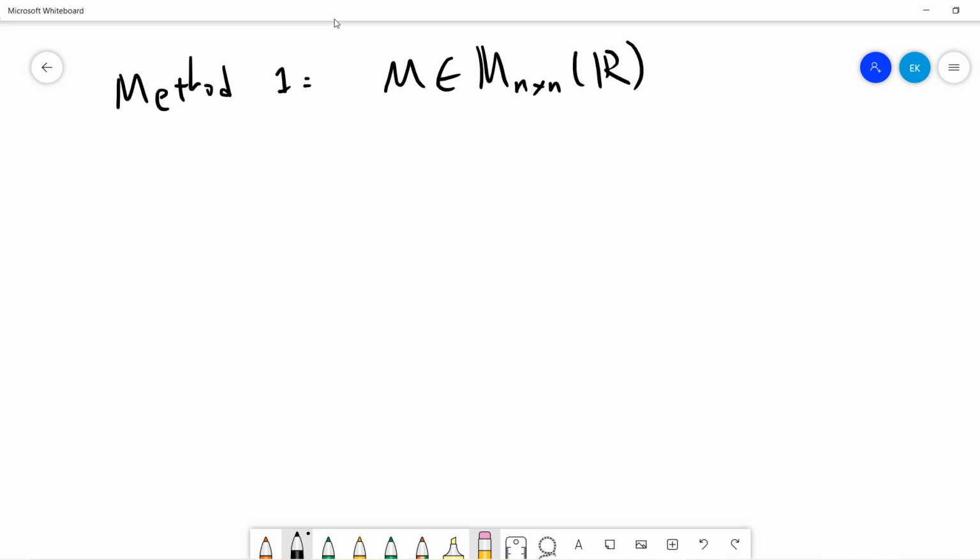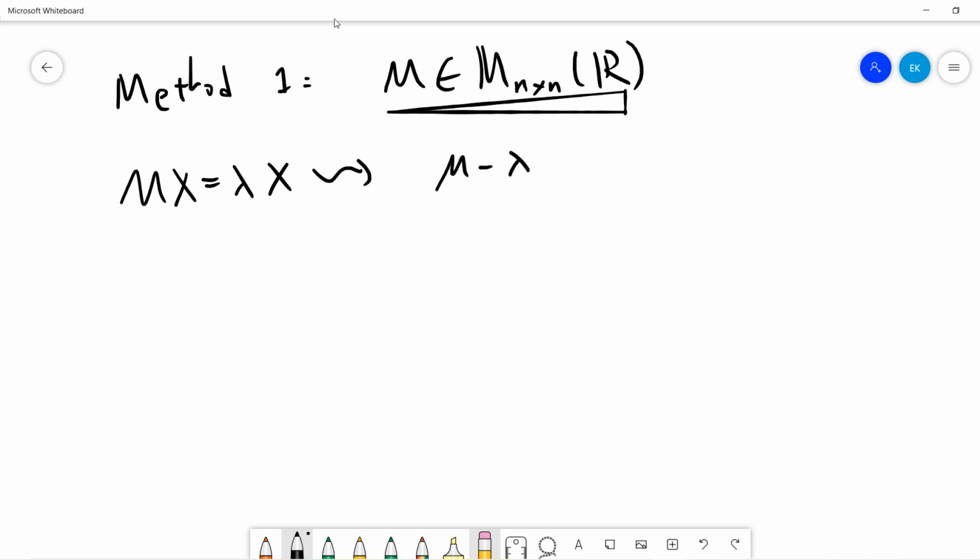Let's talk about the usual idea. Suppose M is real; let's only work with the real case, and the complex case is similar. If you want to solve Mx equals lambda x, then you are solving (M minus lambda I)x equals 0.